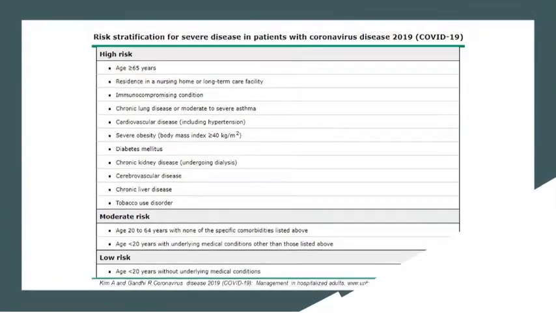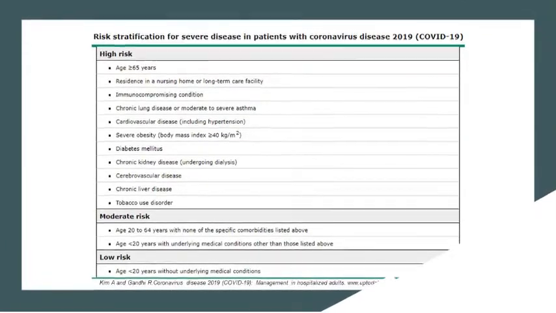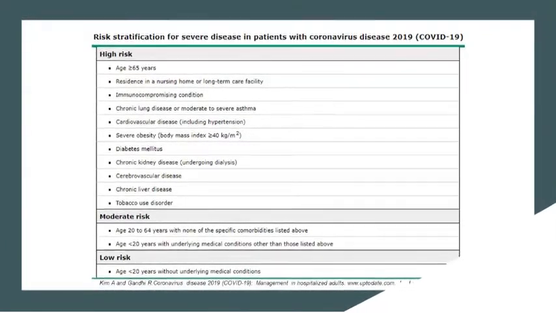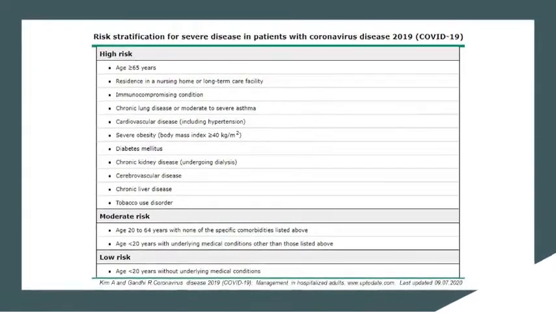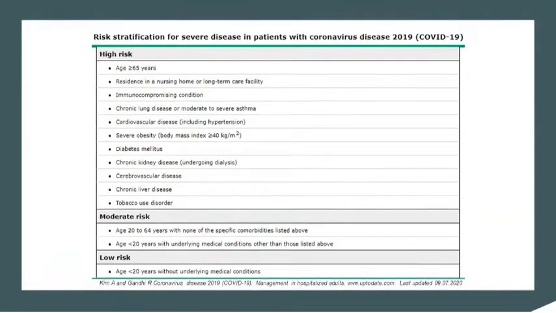And actually, if we analyze the mortality, we'll find that the number of deaths in people less than 20 without any medical condition is less than all the other categories. So we need to stratify the risk of our patients first, to know people who are at high risk to progress to severe disease, to give them more attention and more care, and also to know patients who are at lower risk.